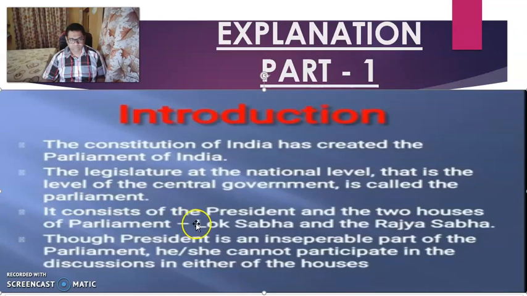Though we cannot separate the President from the Lok Sabha and Rajya Sabha or the Parliament, the President is not allowed to participate in any of the discussions in either of the two houses. Although without his signature, without his consent, no law is made final, he or she is not allowed to take part in the discussions of the two houses.